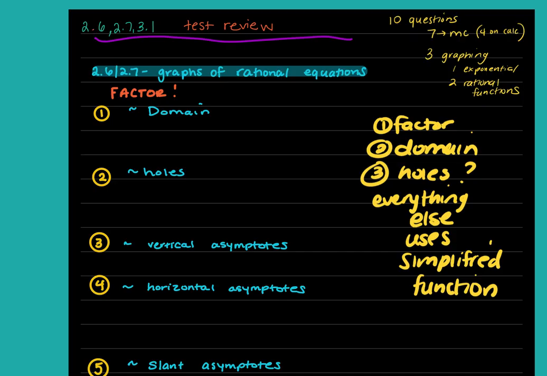So first thing we do is obviously factor. For our domain, we set the denominator not equal to 0. For our holes, we look to see if something can be canceled out from the denominator.